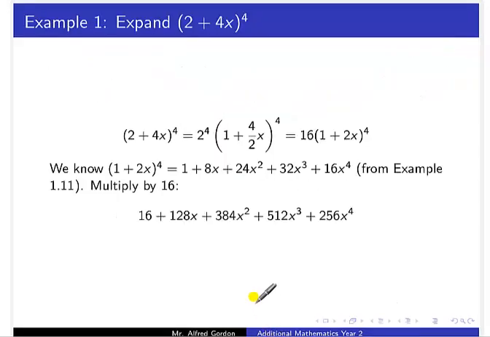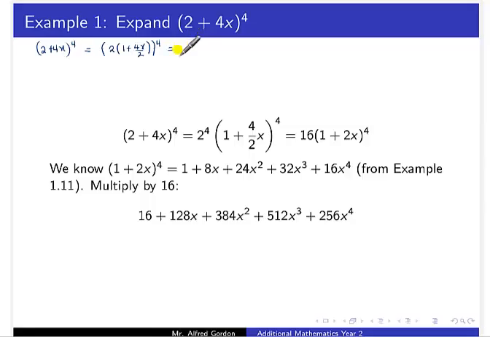So let's look at an example. For 2 plus 4x all to the power 4, we can write this as 2 factored out, and we have 1 plus 4x over 2 in a bracket to the power 4.